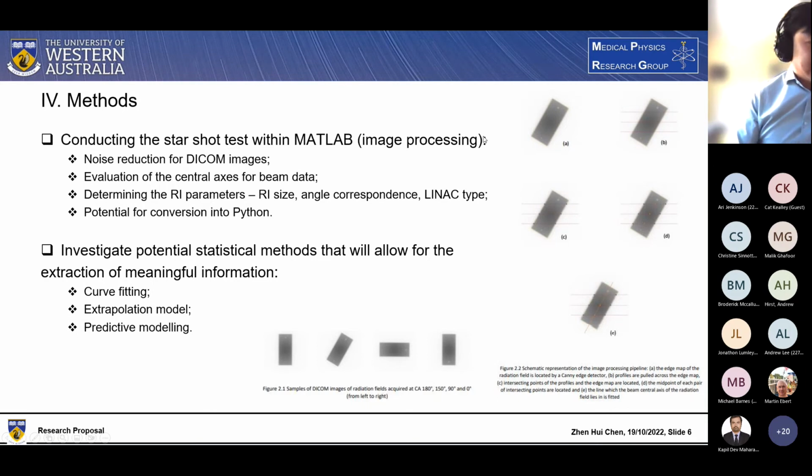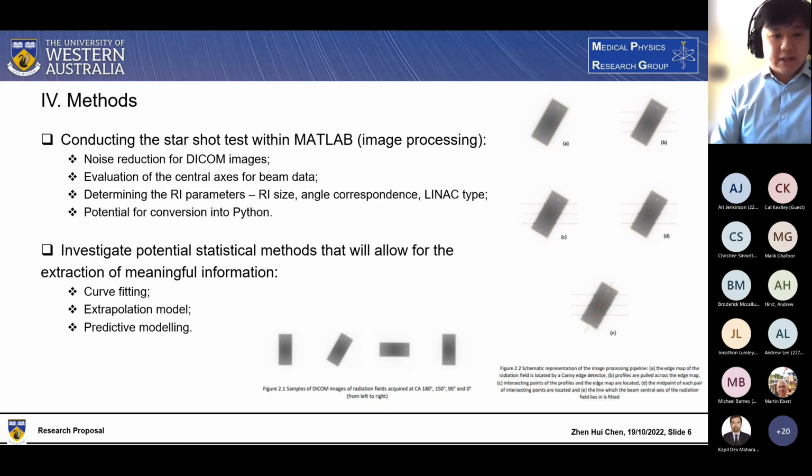And if you see on the right here, we can see that as we progress from A through to E, we'll be slicing the image, and the profiles, we will try to match the edges, and then extrapolate the midpoint of each of the slices. And then once all the slices have been collected, we will combine all the midpoints, and that would give us the central axes of the radiation field lines.